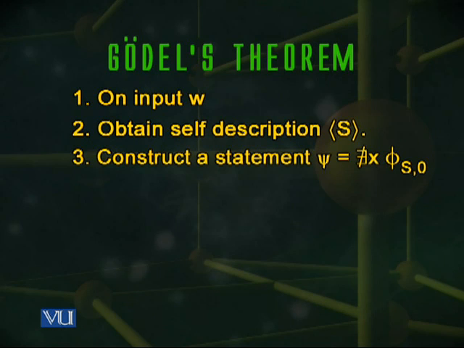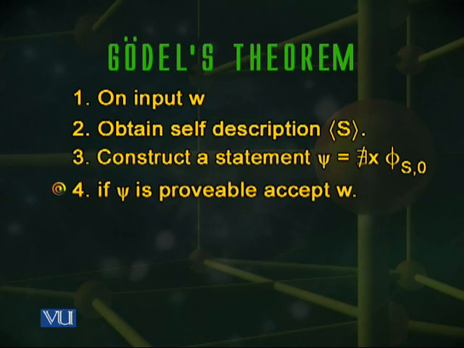Next, it constructs a statement psi which says that there does not exist an x such that phi of s, 0. Remember this statement phi. Phi says there exists x, phi of s, 0 says that s accepts the input 0. Now this program checks if psi is provable.